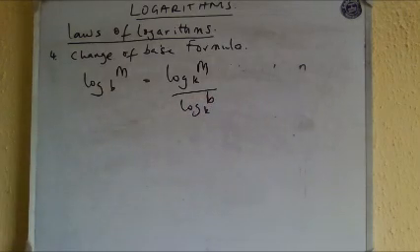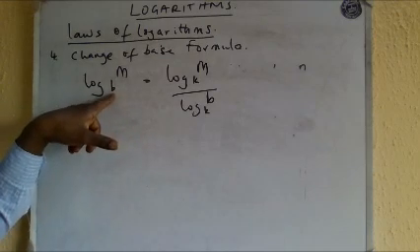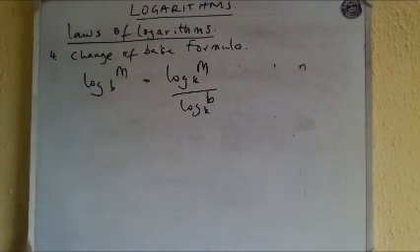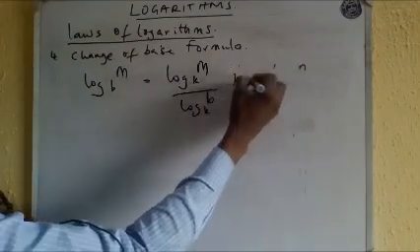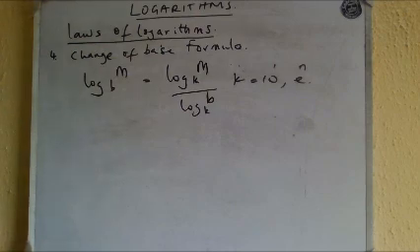So you have changed the base. This is the base it started from, but because you want to change the base to a constant, this k is commonly 10 or exponent e.